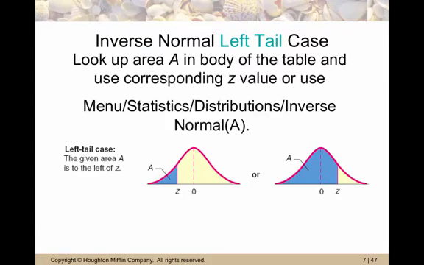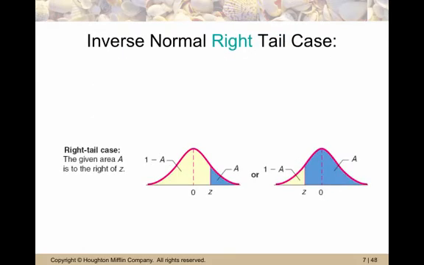We're going to look up area A in the body of the table and use the corresponding z-value, or use menu, statistics, distributions, inverse normal, and then put in the area. For the right tail case, we have to utilize the fact that everything in the table is left tail, and the calculator gives you the cutoff for the left tail.